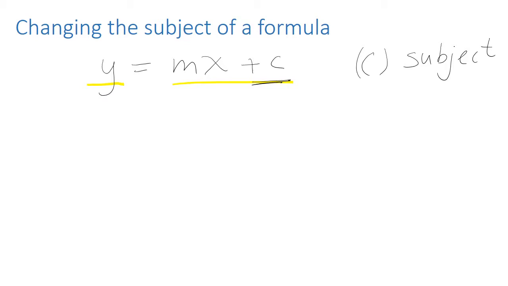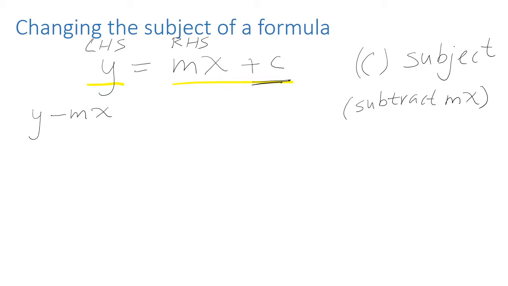So firstly, we want to subtract mx from both sides, left-hand side and the right-hand side. So what we're going to do first is subtract mx from both sides. So on the left-hand side, you've got y minus mx.